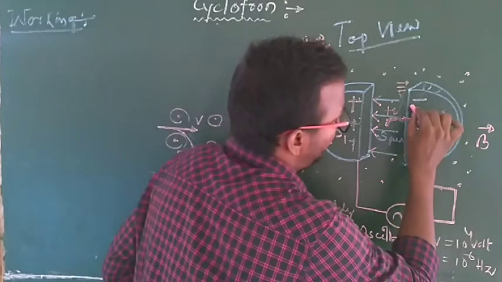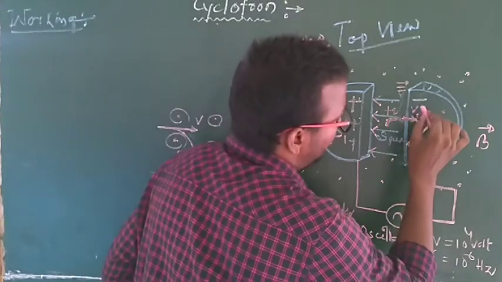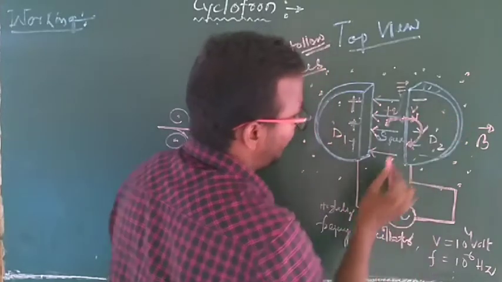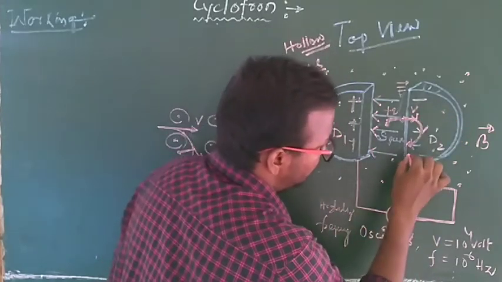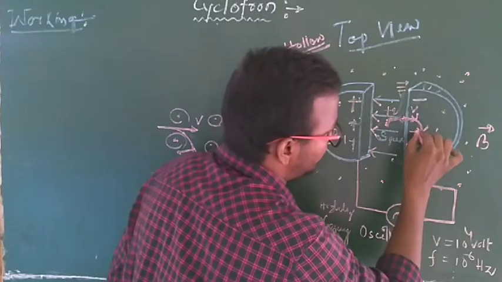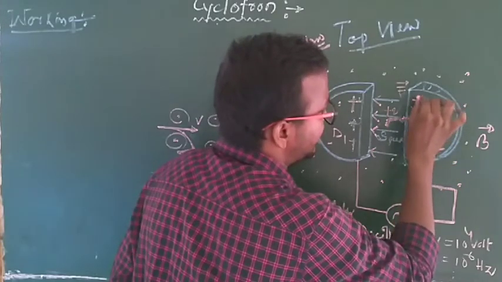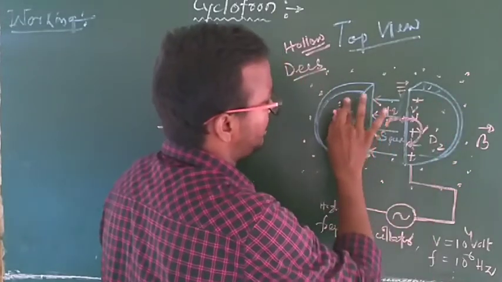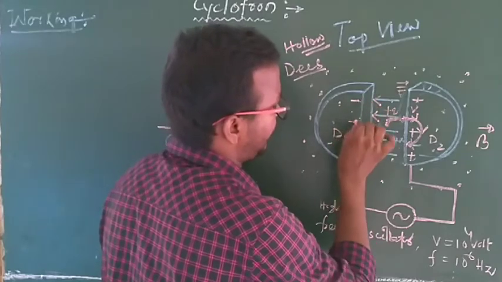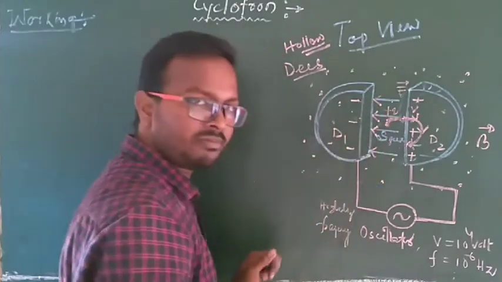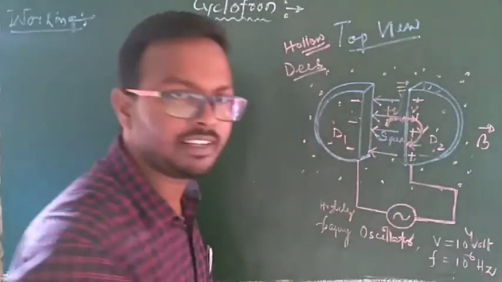Here the particle enters D2 with speed V1. Now this D2 will be positive, because the polarity changes, and D1 is now connected with negative. So this is the direction of the electric field.